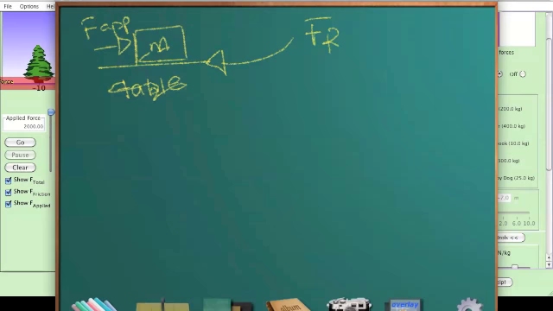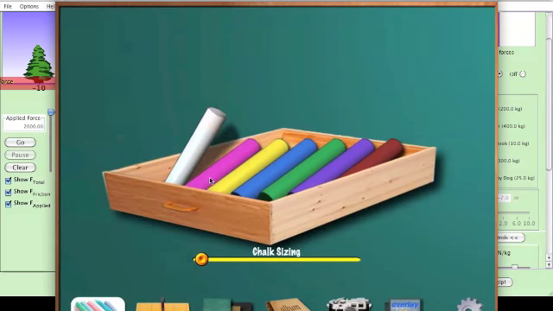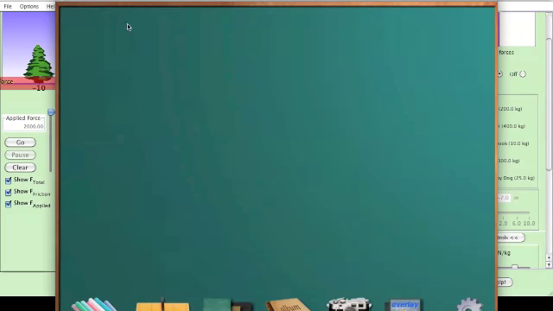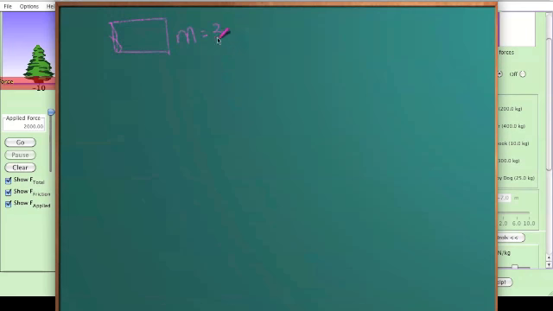So now I am applying a force of 2000 newtons. This is my mass of, again, 300 kilograms. This is my force applied.